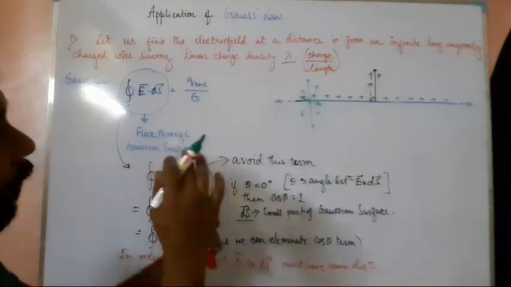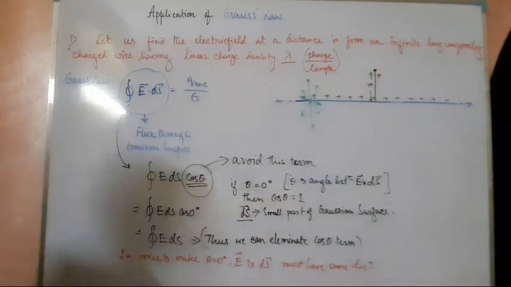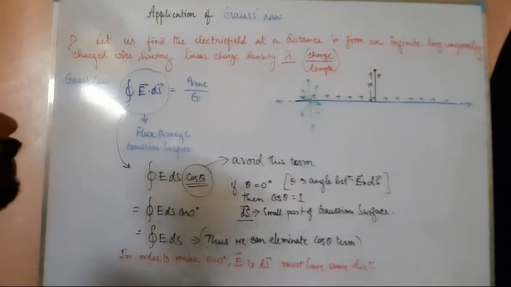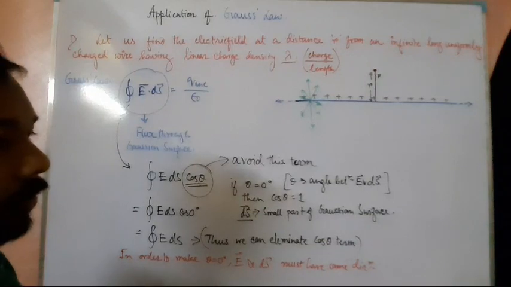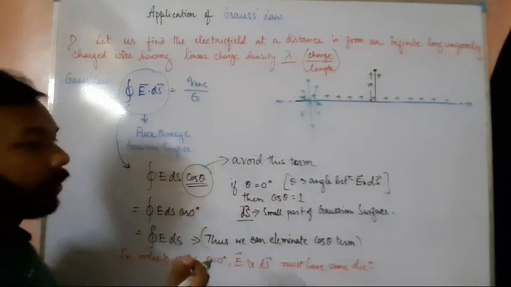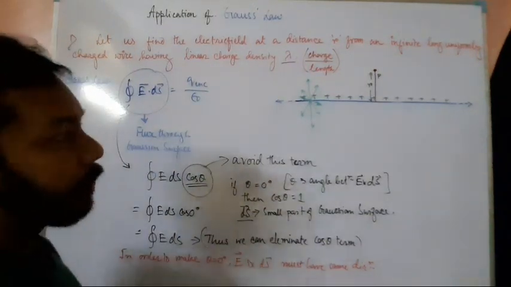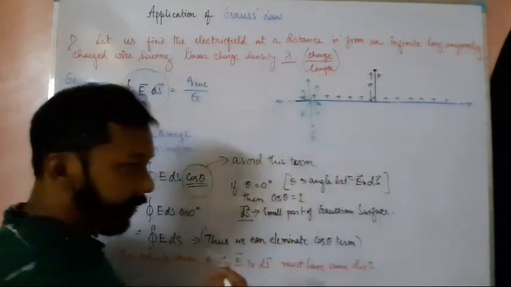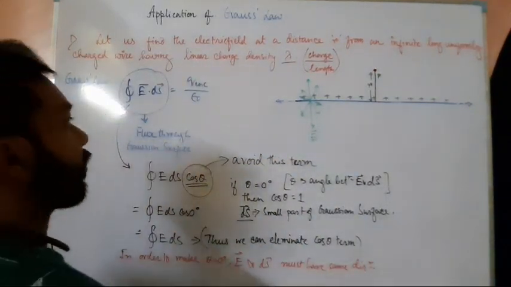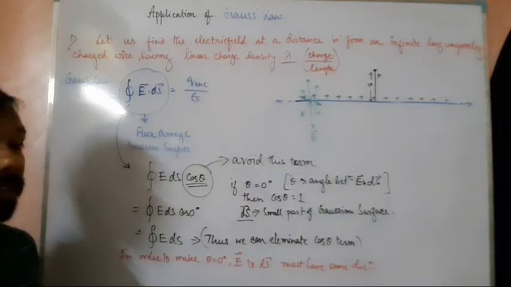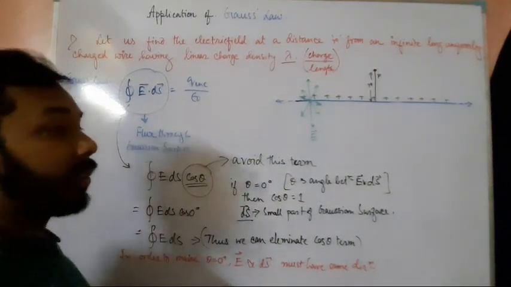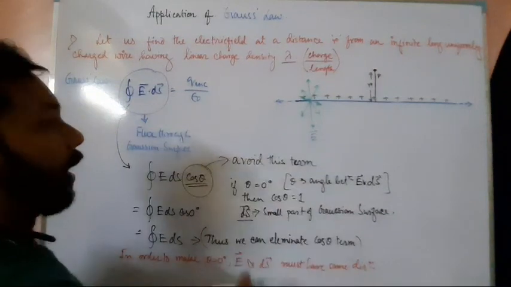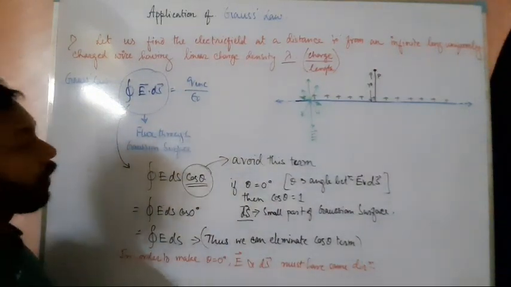So we need to find such a surface which can provide its surface vector parallel to that electric field. That means the surface itself has to be normal to the electric field, so that the surface vector, which is itself perpendicular to the surface, becomes parallel to the electric field.